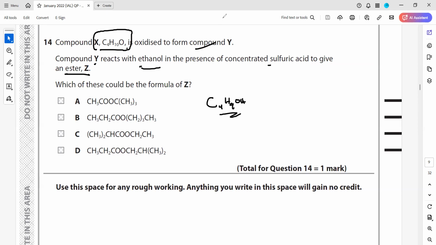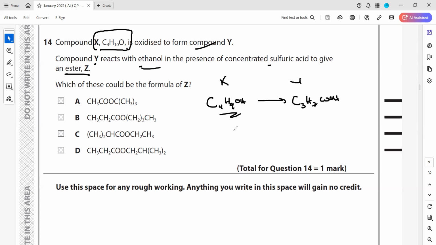So compound X is oxidized to form a carboxylic acid. And it will be oxidized. So if it is a butanol, butanol will be oxidized to form butanoic acid. So it will form C3H7COOH.